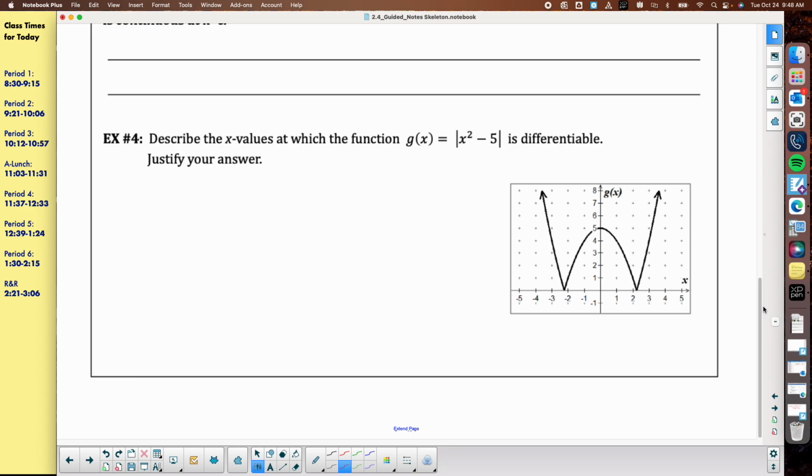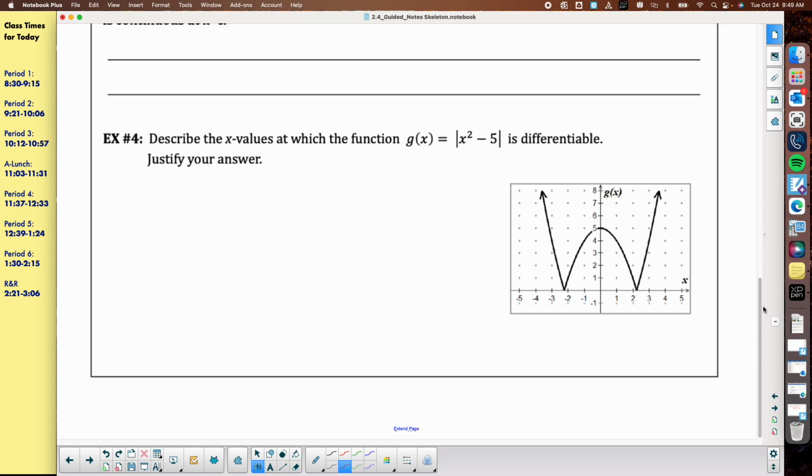Okay, so this is saying, where is this graph differentiable? It's at most points except for the sharp points, at like -2 and 2. Oh, actually, it's not -2 and 2. Yeah, you're 100% correct. It would be much nicer if this was x squared minus 4, so that it would be 2 and -2.